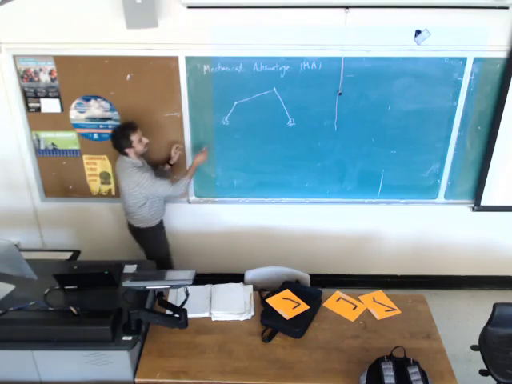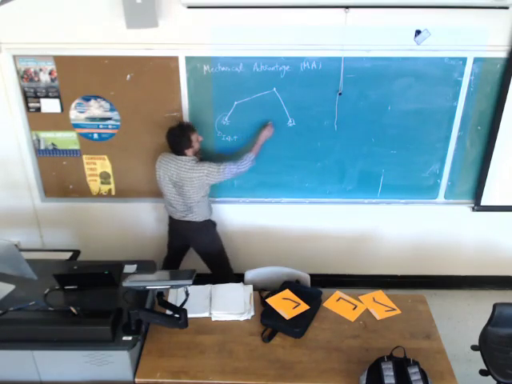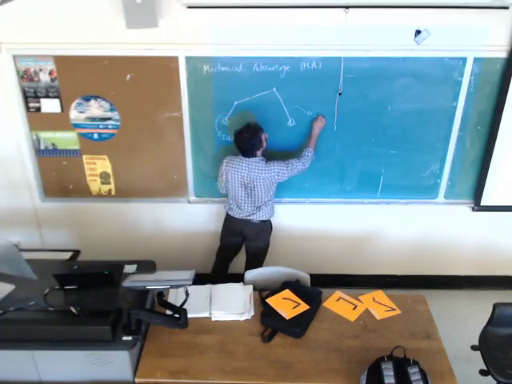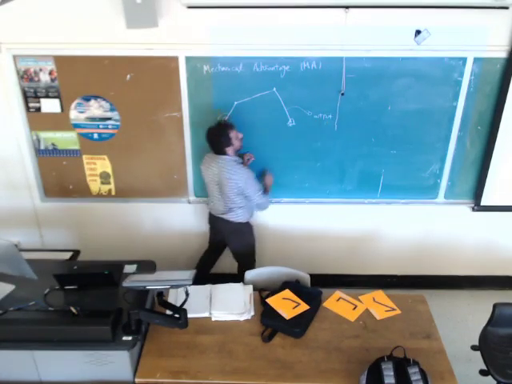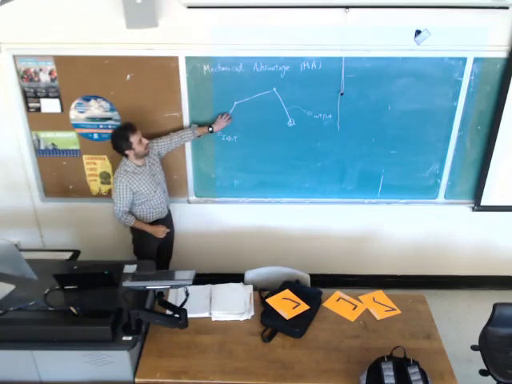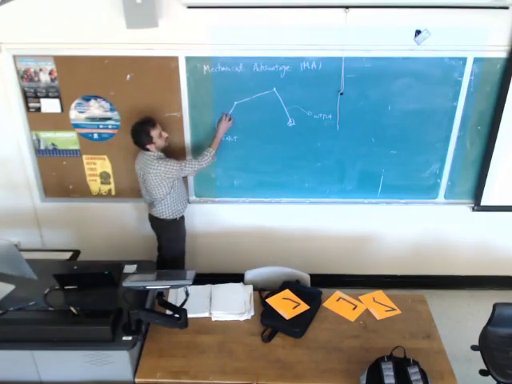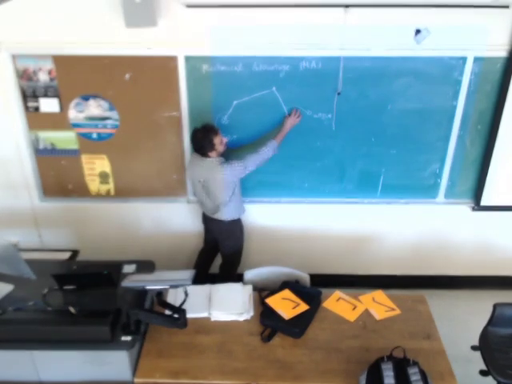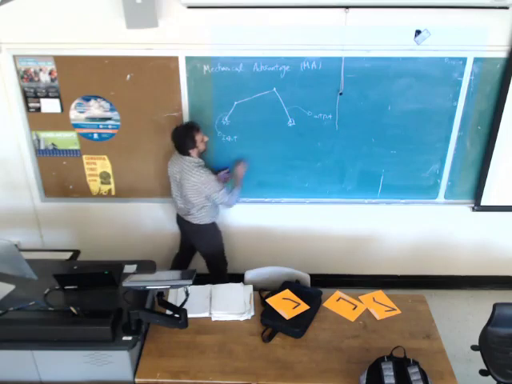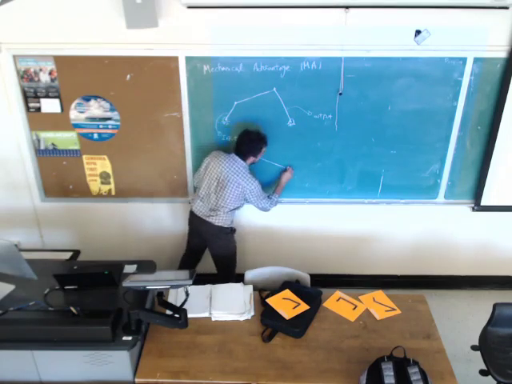We call the first link the input and this link the output. So in this case, I put the initial motion or the motor here, and I'm getting the desired motion from this link. I can say the same thing for this slider crank.